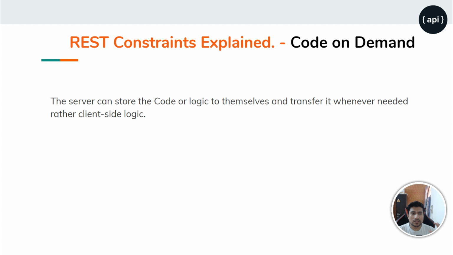The client doesn't know what logic was used to do this, right? But the server can store the information and reply back with the code whenever clients ask for it. So these are the major six REST constraints explained, and if any API follows these six constraints, we call it a RESTful API, right?